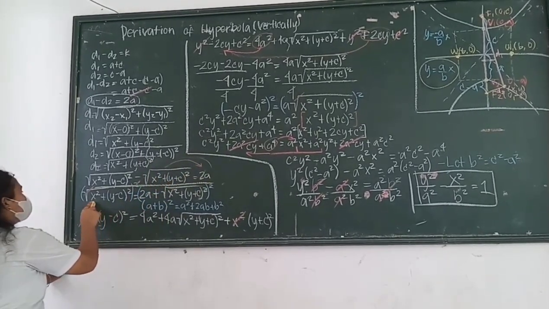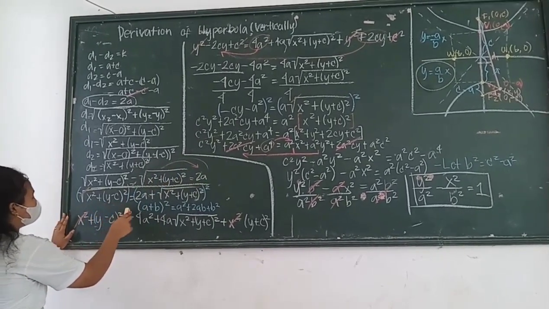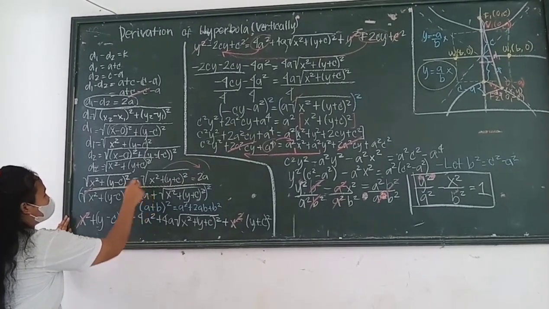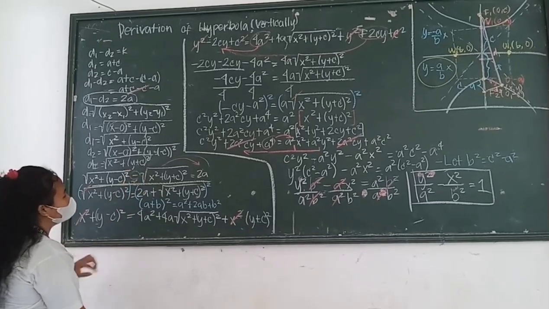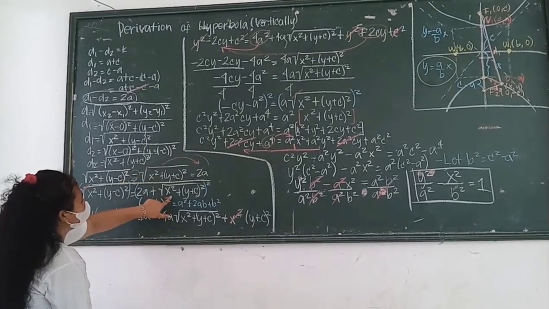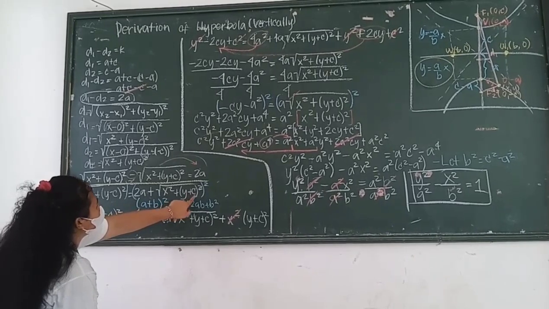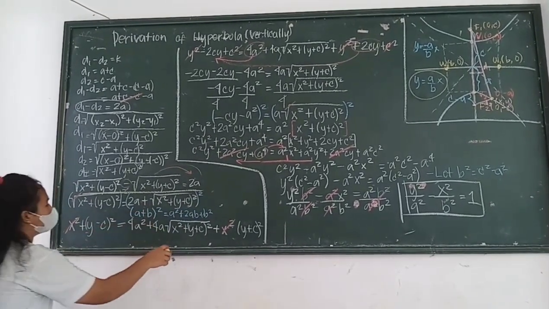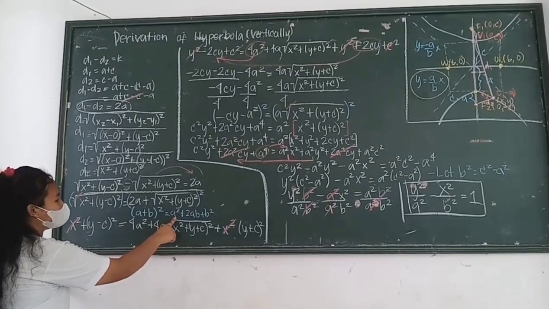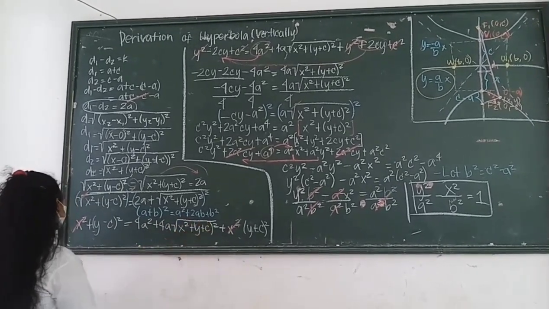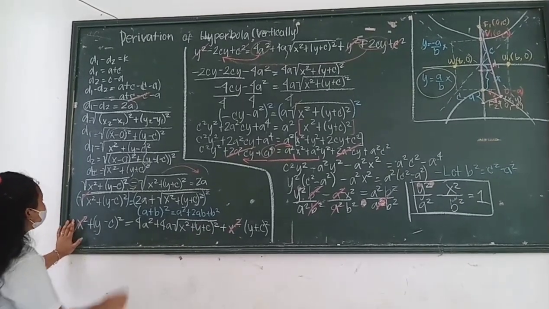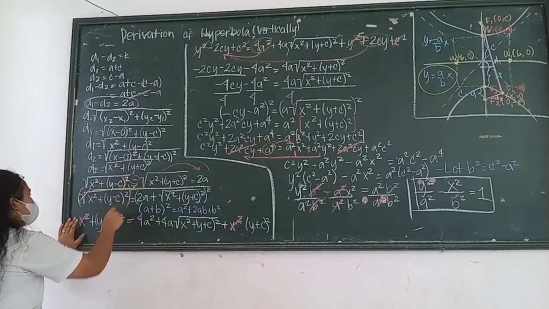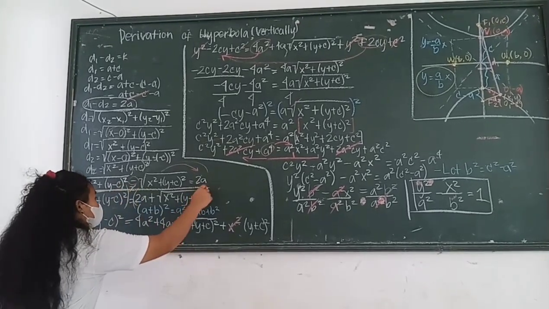So square root of x squared plus y minus c squared is equal to 2a plus, again, because this is negative side, square root of x squared plus quantity of y plus c squared. So this is in the form of a plus b squared. So a plus b squared is equal to a squared plus 2ab plus b squared. So this will remove the radical sign because we have squared both sides.